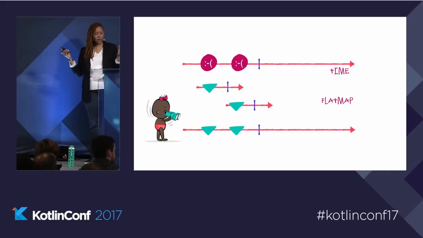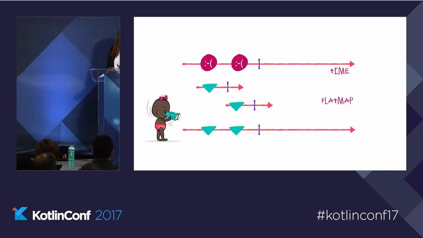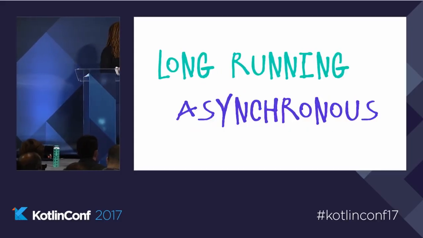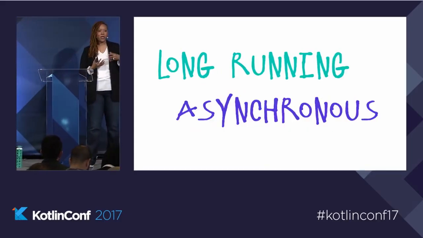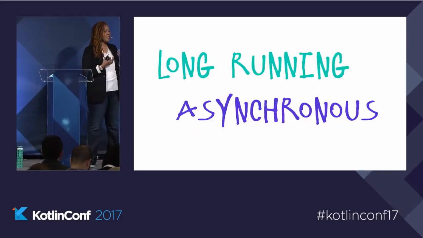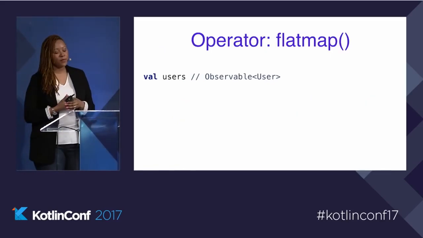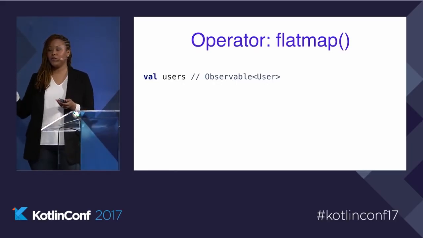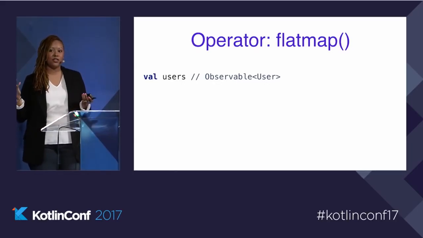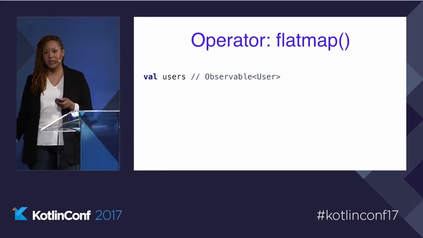And so why would this be really cool and super important? Well, because now when you're using flatMap, you can do long-running asynchronous operations without blocking the main thread. So let's look at an example. Say you have an observable of users, but you're actually interested in all of the blog posts that they write.